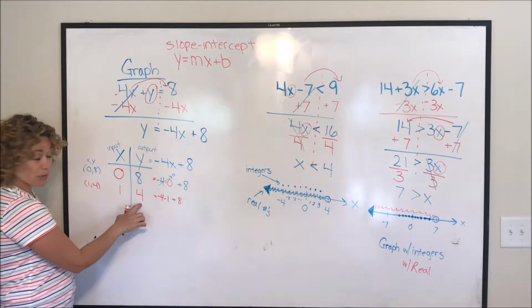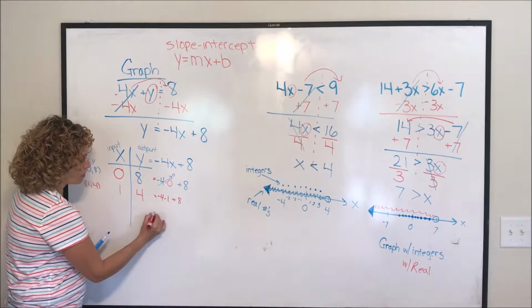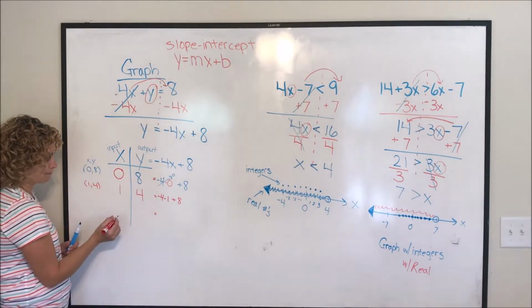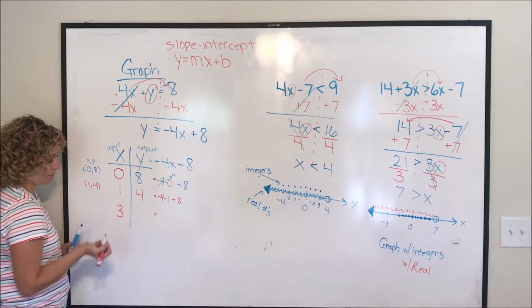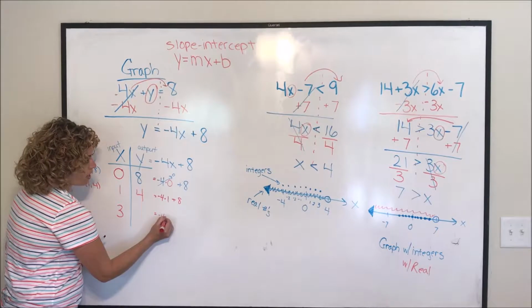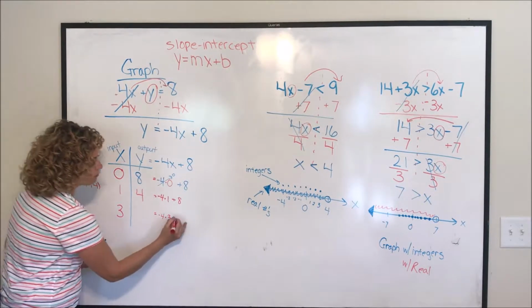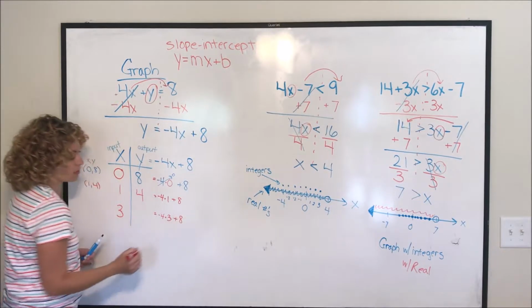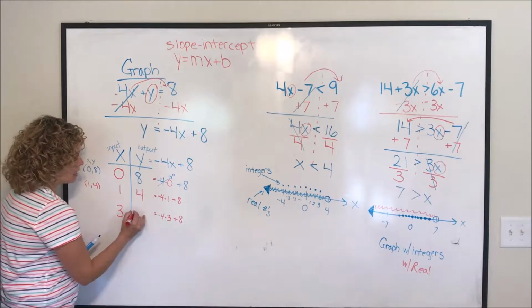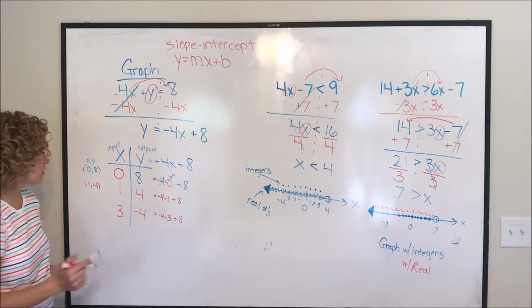I see that my number here is going down, which I like. I'd like it to get a little bit smaller to fit in. So I'm going to pick 3. And I just picked a number. Negative 4 times 3 is negative 12. Negative 12 plus 8, okay, is a negative 4.